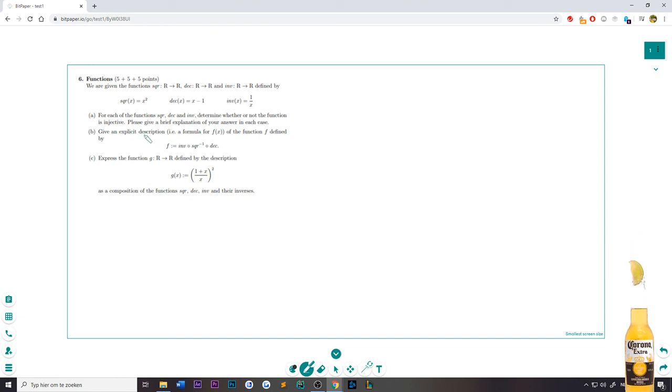And then we have to give an explicit description of f defined by this here. Well, shouldn't be too hard, right? We know f of x. So first we do x minus 1. Then the inverse of the square, which is a root.